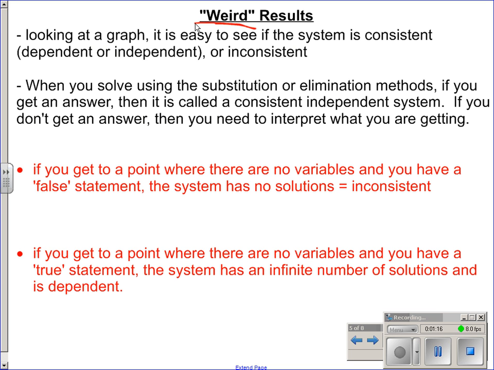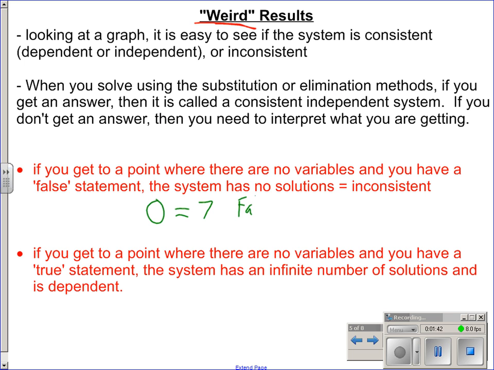Okay, so in this first bullet here, if you get to a point where there are no variables and you have a false statement, what I mean by a false statement, there's no variables, so what you're going to end up doing is eliminating both x's and y's, or whatever the letters are. You're going to end up with 0 equals something else. It doesn't really matter what that number is, but 0 does not equal 7.